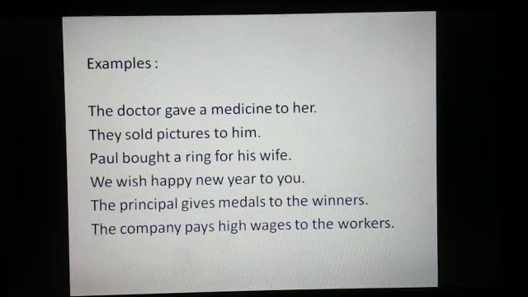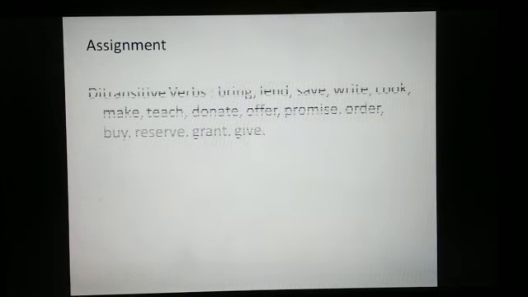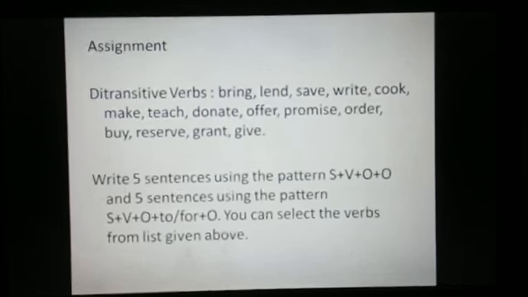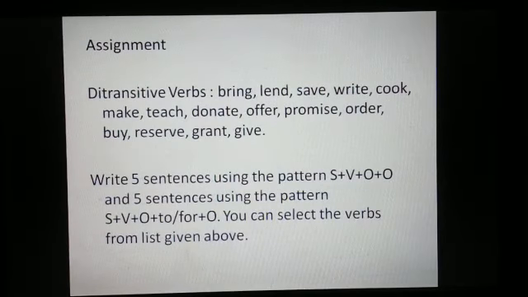Now I am giving you some ditransitive verbs. These are some ditransitive verbs and an assignment, a question. Write 5 sentences using the pattern subject, verb, object, object, and 5 sentences using the pattern subject, verb, object, to, for, object.